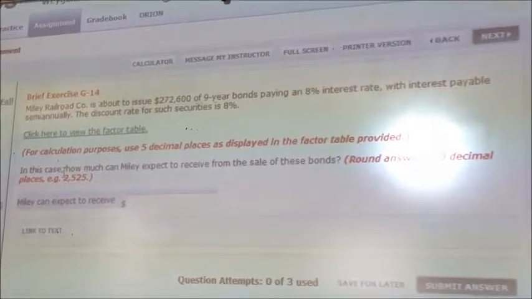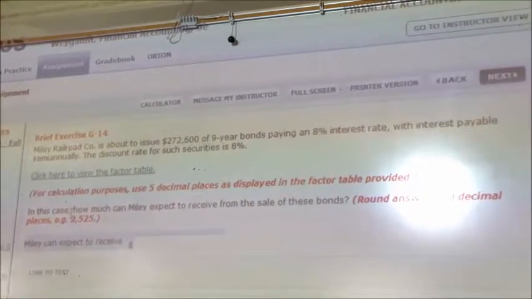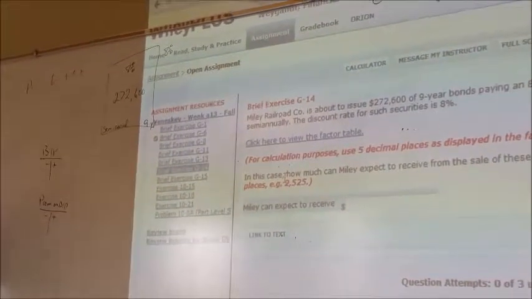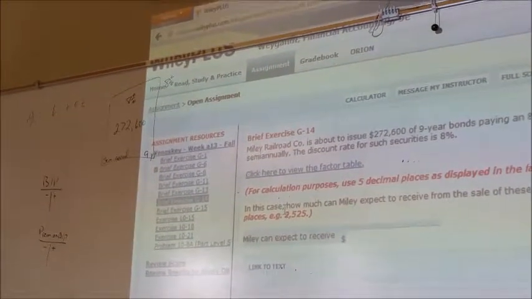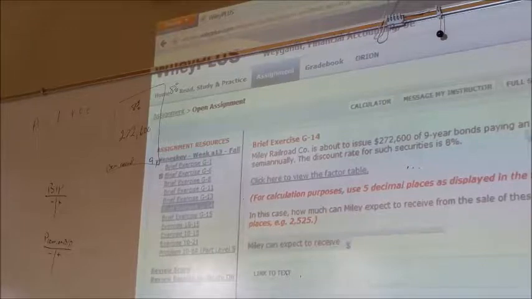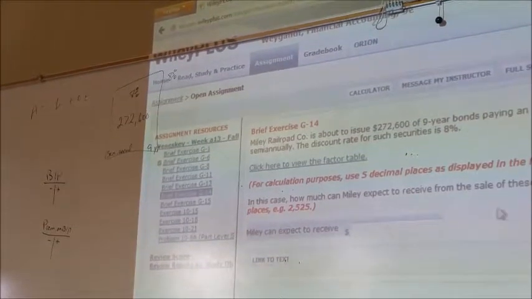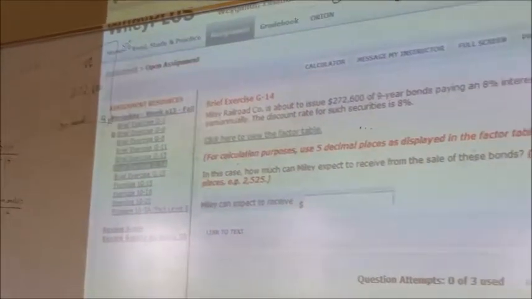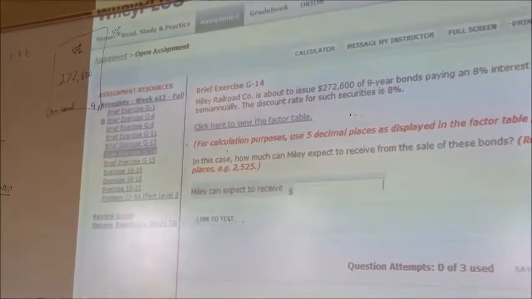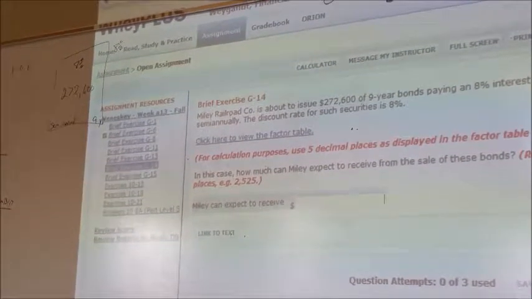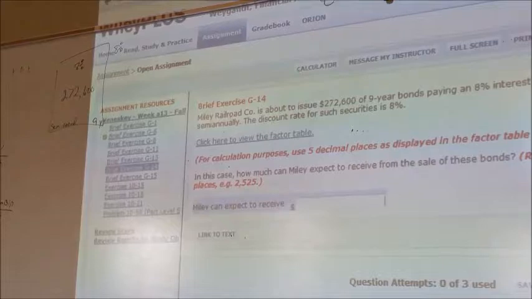Does that mean the market value is 8% also? Yep. How much can she expect to receive? What are we gonna do?